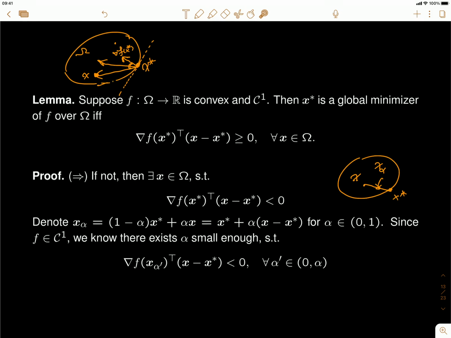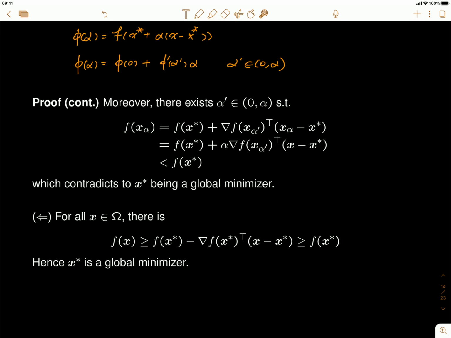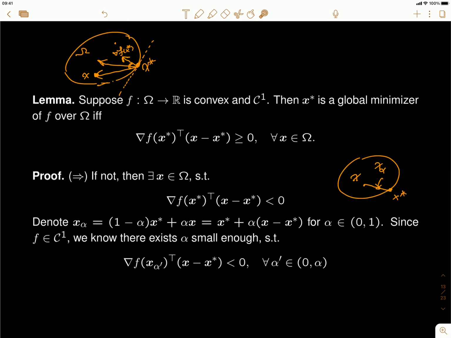Then that means there will be some point on this line that has an even smaller function value than x star. That is impossible because x star is a global minimizer. So this is where the contradiction comes from, and that means for any x in omega, we must have this greater than or equal to 0.